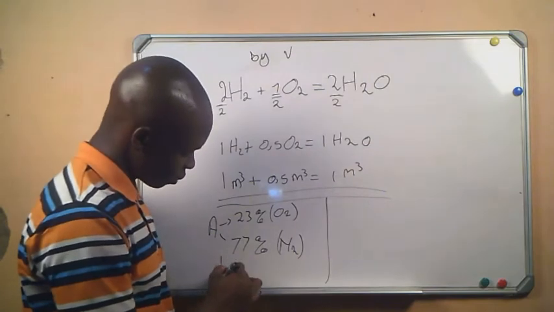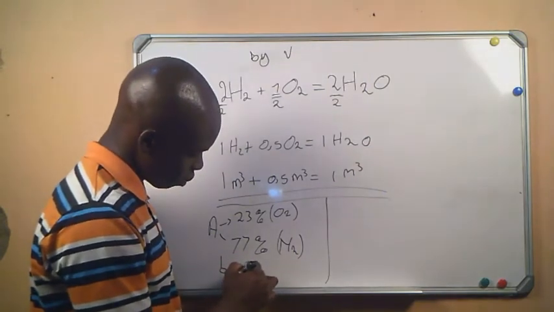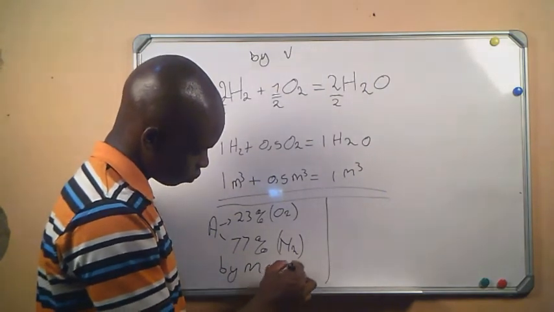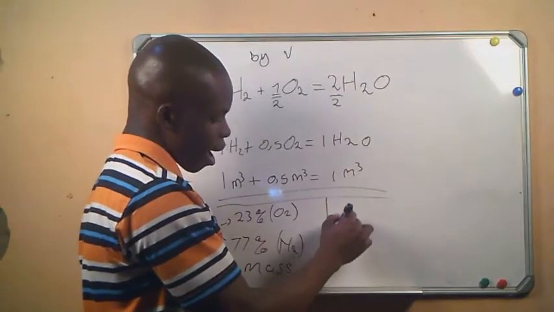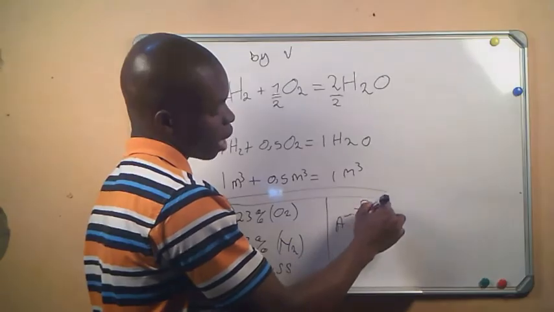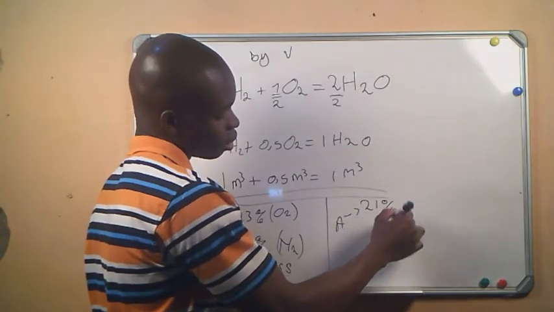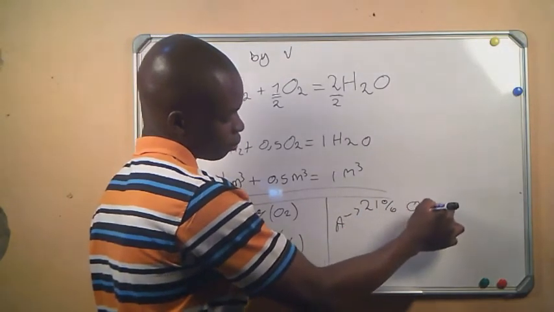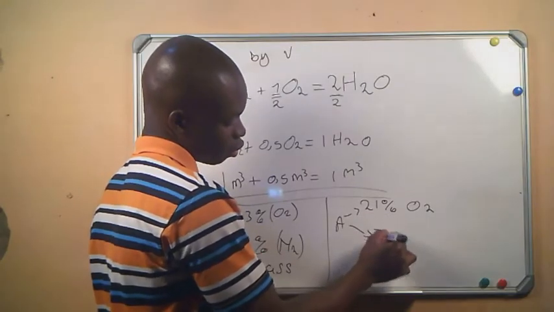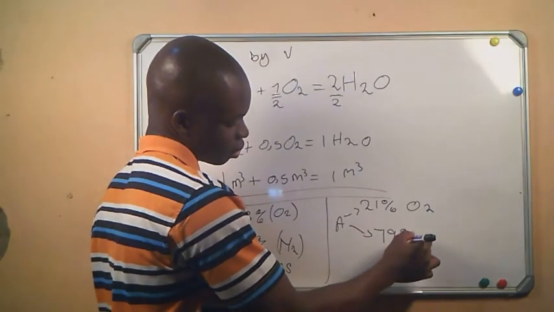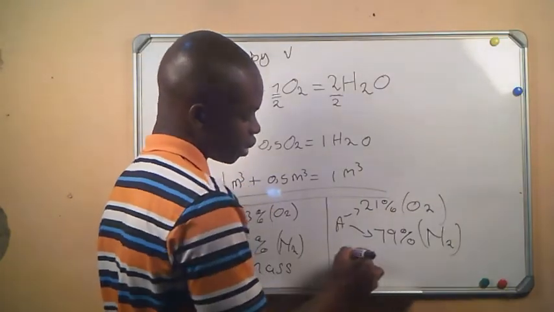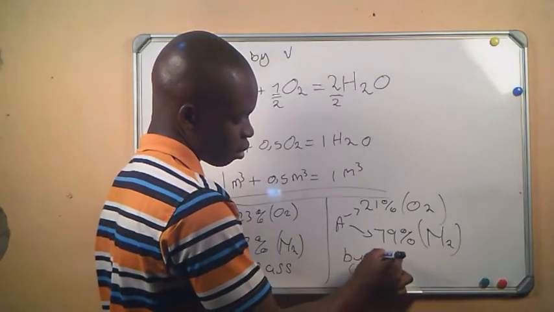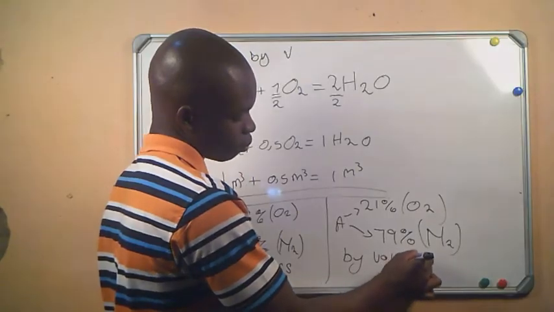This was by mass. Now in volume, air will consist of 21% oxygen and 79% nitrogen. This is by volume.